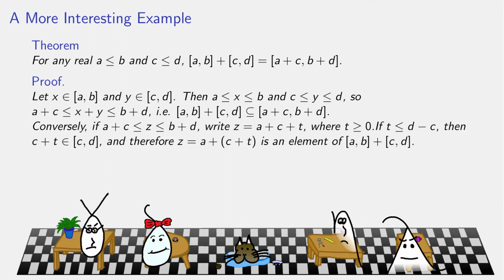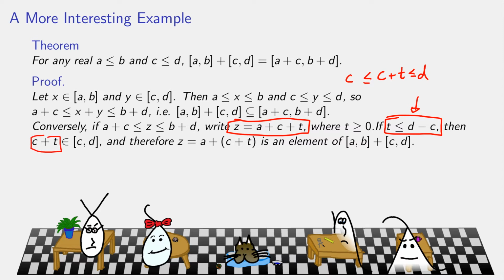Now, suppose this extra term is less than or equal to d minus c. So z is of the form a plus c plus t, where t is less than or equal to d minus c. All I have to do is add c to this inequality, and I'll get c plus t is less than or equal to d. But c plus t is definitely bigger than or equal to c because t was bigger than or equal to 0.